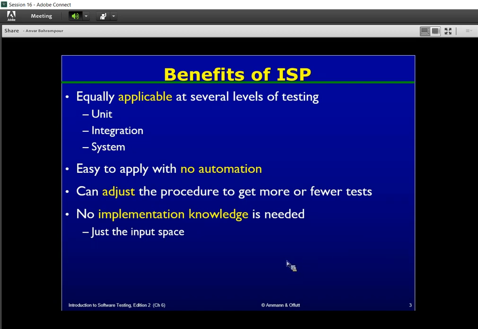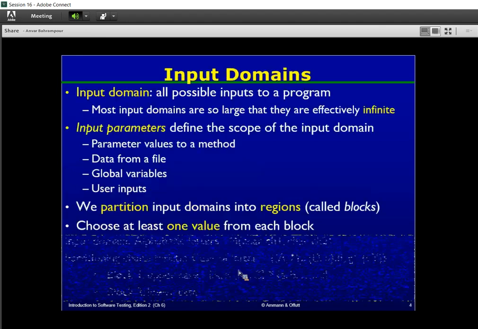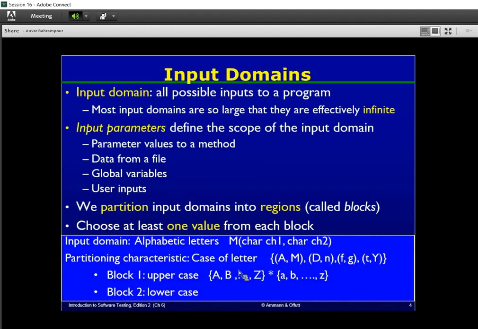These techniques could be used in black box testing, as I told before. Let me have a quick overview of previous concepts to remember.